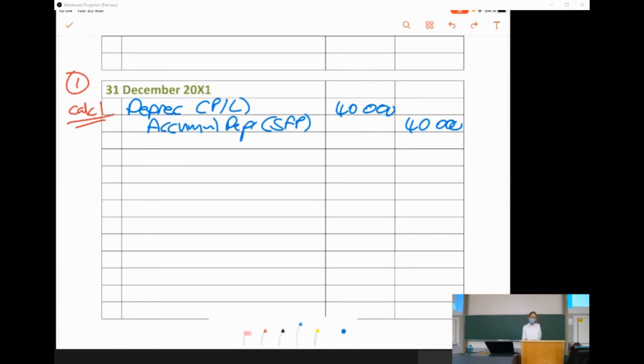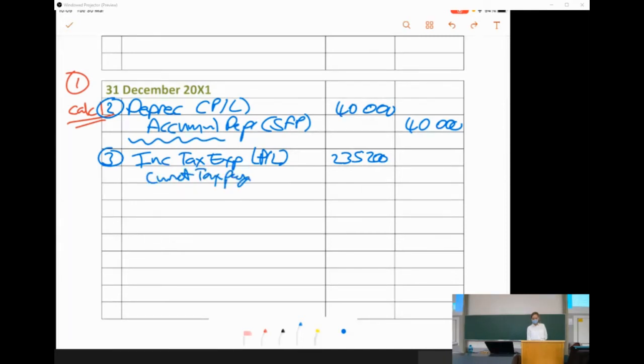Okay, so this was journal 2. The next journal, and then obviously we'll have a little story about why we do that journal. Number 3 will be our income tax expense. So we'll have our income tax expense, also P&L. And we calculated that that is going to be 235,200. And the other leg will go to current tax payable, SFP, 235,200.